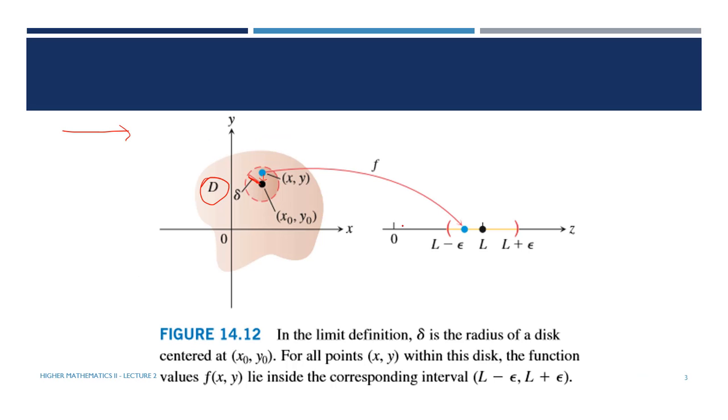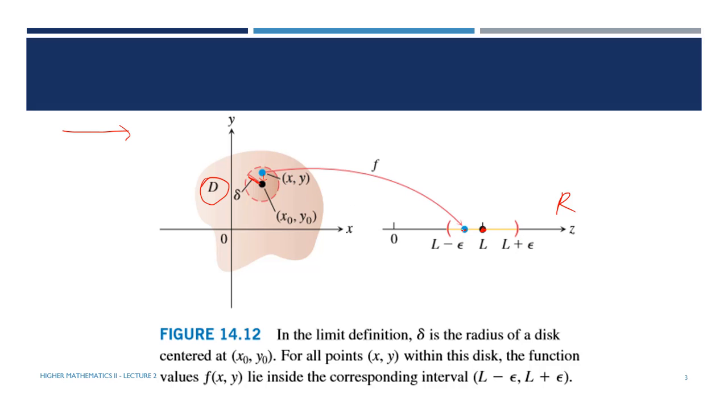So even if the function has two variables, like x and y, it will have one single value at every point. So we have the domain and the range. The range is along this z-axis, and we have this limiting point L, and this is the function's value at the point x, y.